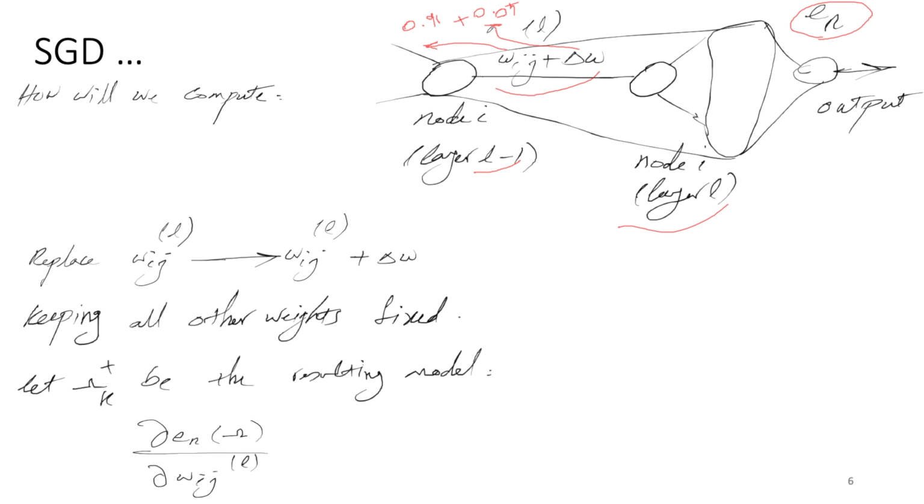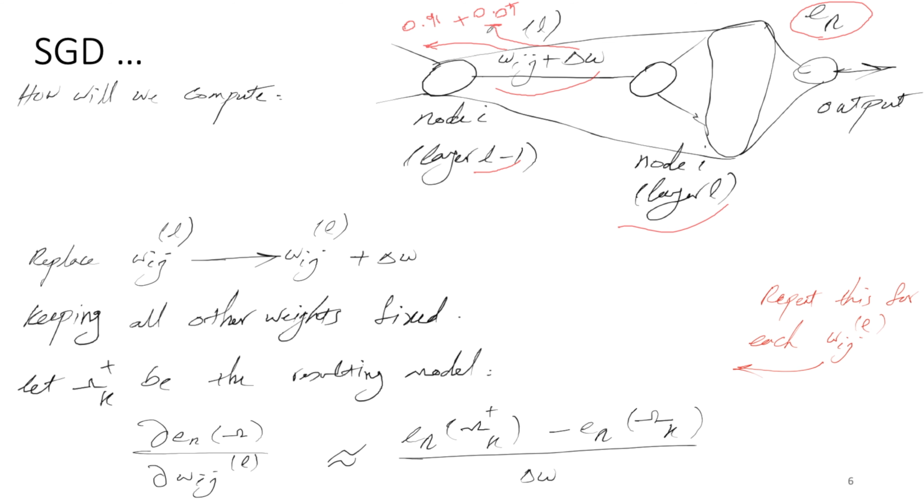Then we have this equal to En of omega plus k minus En of the previous omega with the previous weights, divided by the delta that we found by the gradient. So we need to repeat this for all of those weights Wij in the layer L, right?